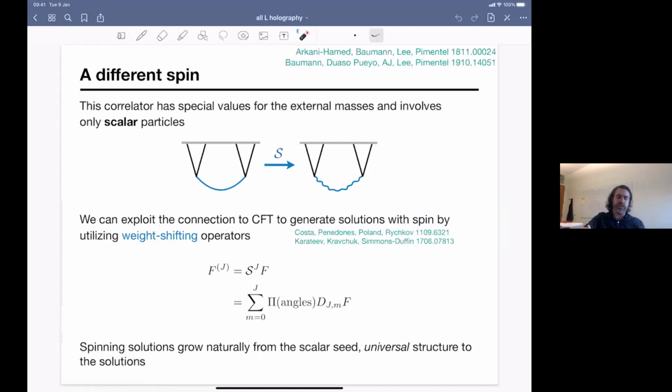And so roughly speaking, there exists a whole host of operators that when you act on this simple seed object, which is the 4-point function of conformally coupled scalars exchanging a massive scalar, it can transmute it into a whole host of other processes.